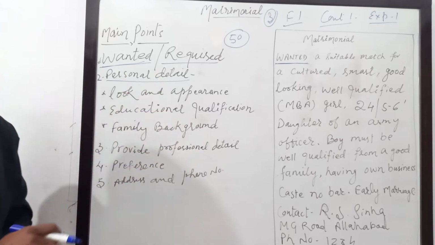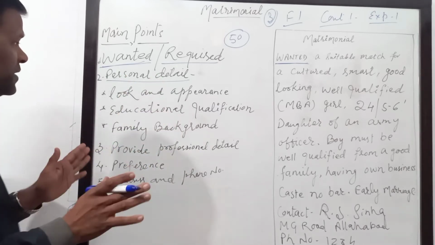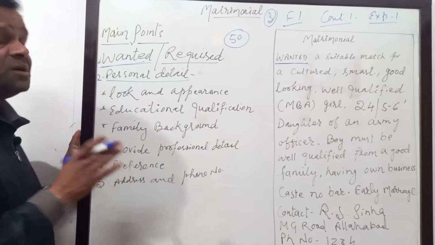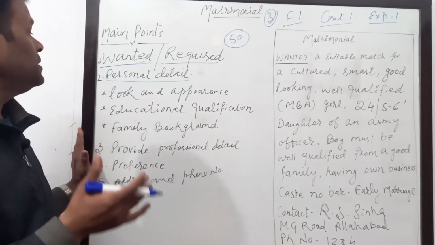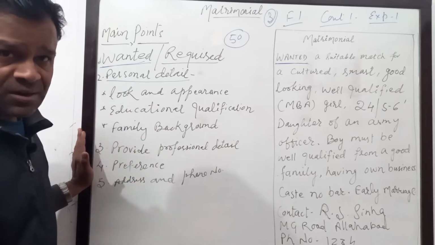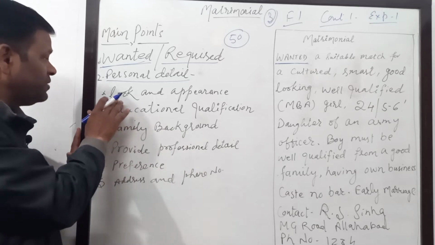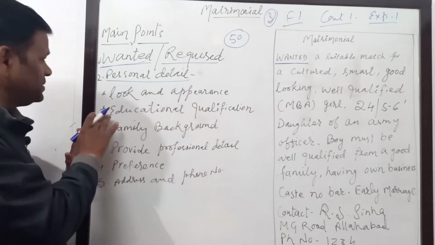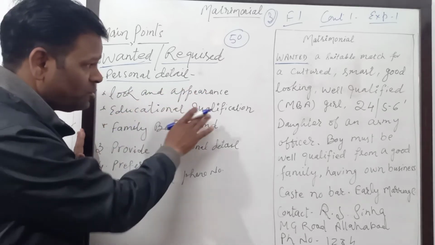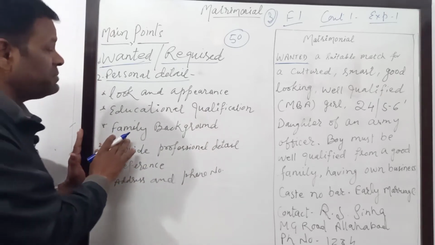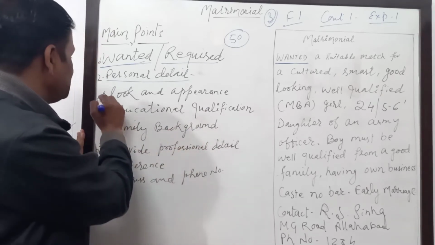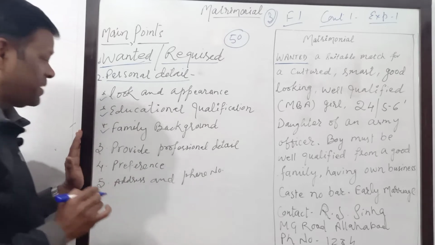These 3 pieces of information are good enough. The first will be look and appearance, the second can be educational qualification, and the third can be family background. So please keep these 3 points in mind.